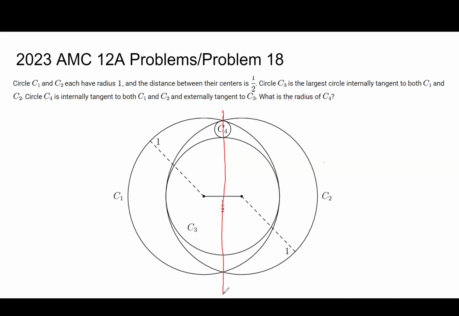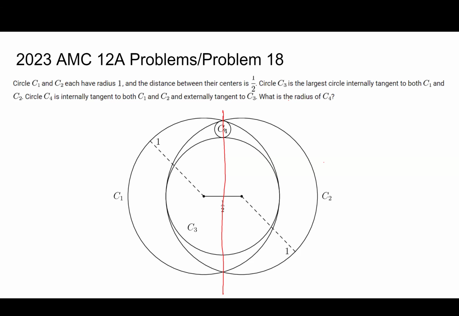Anyway, I think it's a good first step to find the radius of C3. And Josie's saying that the answer is 3/4, so we'll see if it's true.